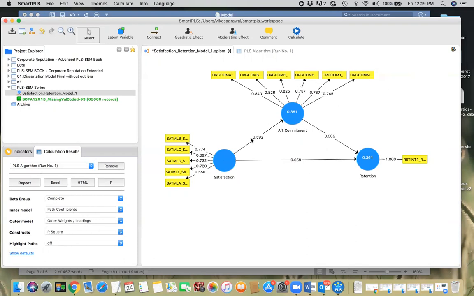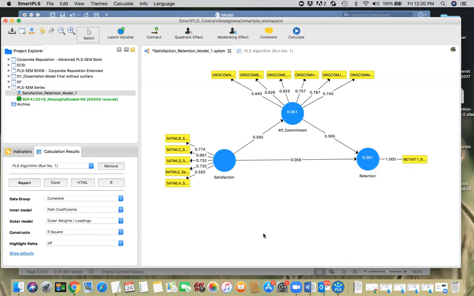Okay, and then right now showing the R square value. So when it comes to commitment, the R square value is 0.35. That means satisfaction is explaining 35% of the variation in the commitment. Likewise, commitment and satisfaction are explaining 36% of the variation in the retention. And that's pretty good. R square value greater than 0.25 is considered moderate effect, which is good here. That's something we have to keep in mind.